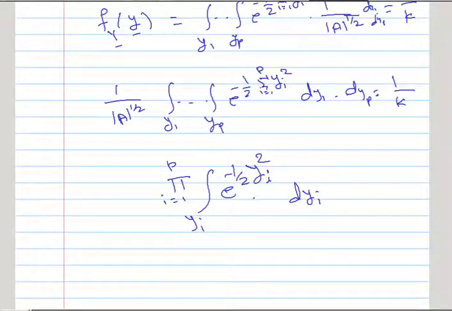So i equal to 1 gives the first term, i equal to 2 gives the second term, and i equal to p gives the last term, integration over yp of e raised to minus 1/2 yp square dyp. So 1 upon determinant of A raised to 1/2 times the product of this particular thing will be equal to 1 upon k.